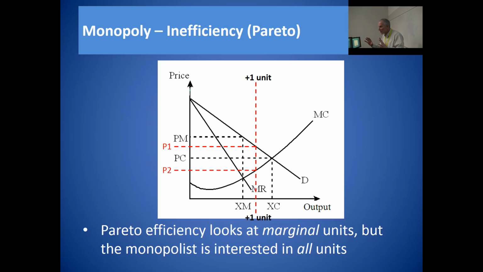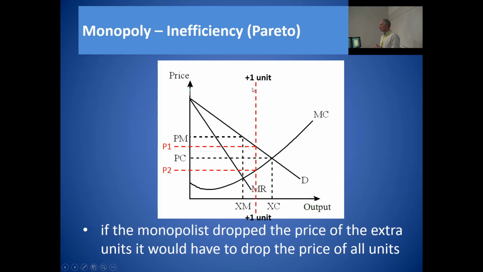So when we've talked about Pareto efficiency, that's all in terms of marginal units. But the monopolist is not interested in the marginal unit. The monopolist is interested in all units, because it's all units that determine its profits. And so, if it wanted to sell this one extra unit, what would it have to do?